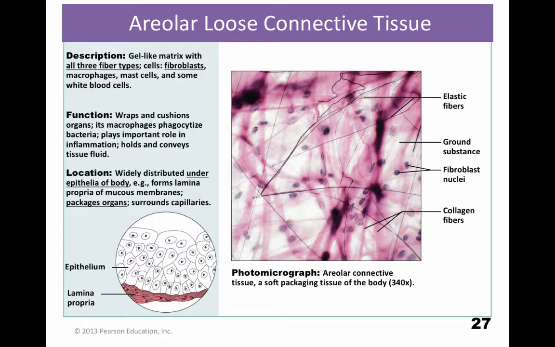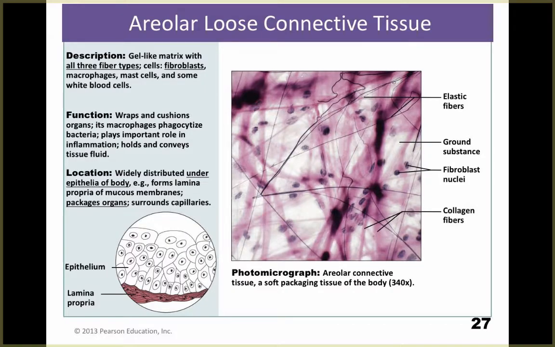So areolar loose connective tissue looks like this. Okay. So you can see that this off-white pink stuff in the back, that's your ground substance. You can see that in this, you have several different fibers. You have the collagen fibers here, which are really, really big, right?